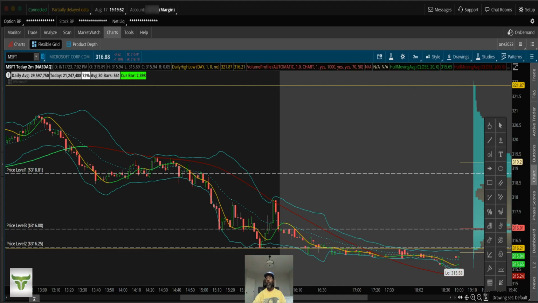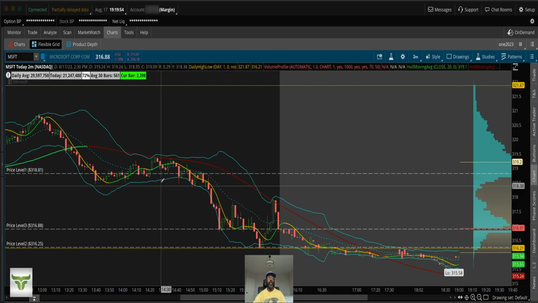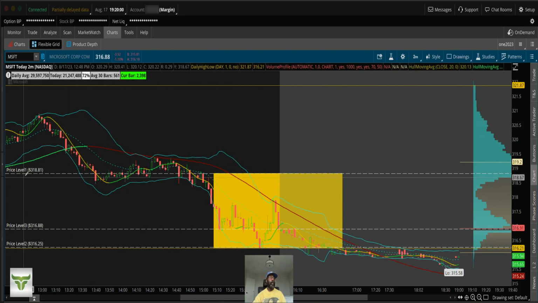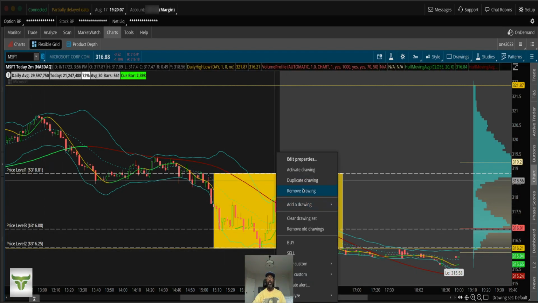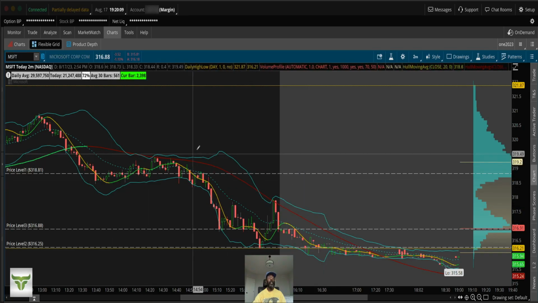There's the box for Microsoft. I'll just draw it here for you so that you see it. There's the box, 318.81, 316.88, 316.25. There's the box. Let me remove the drawing. So that's all set up.